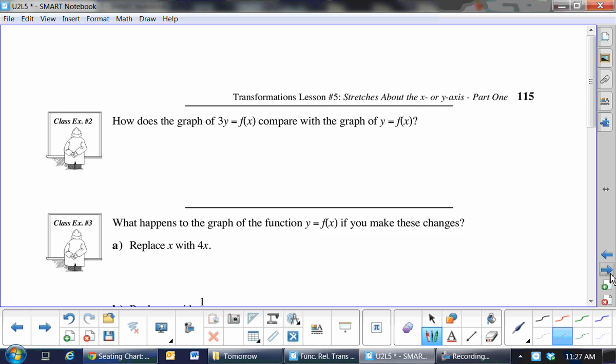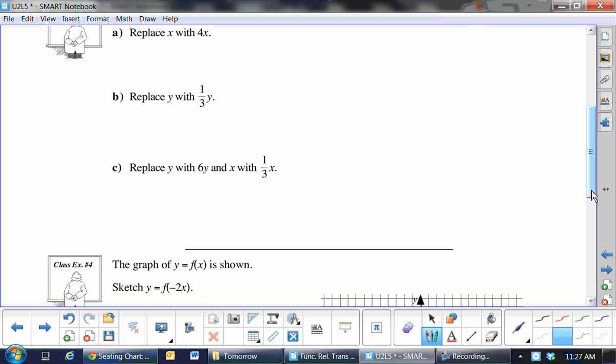let's just do 3C. So let's just go the other direction. If you take y and replace it with 6y, what would you be doing to the equation? What kind of stretch? What kind of stretch, though?